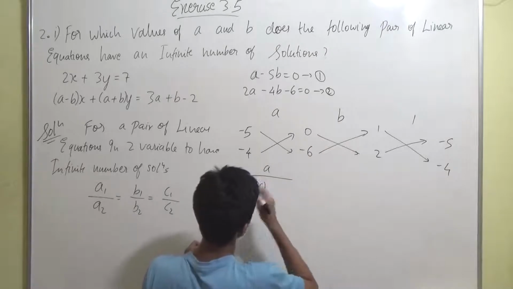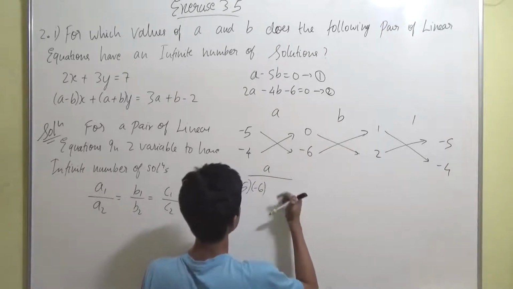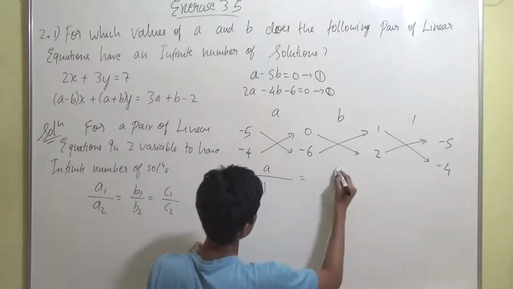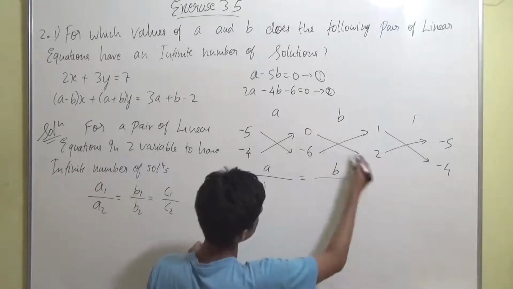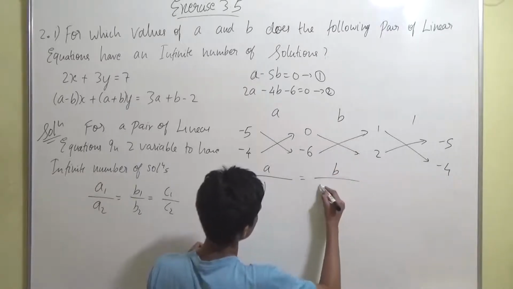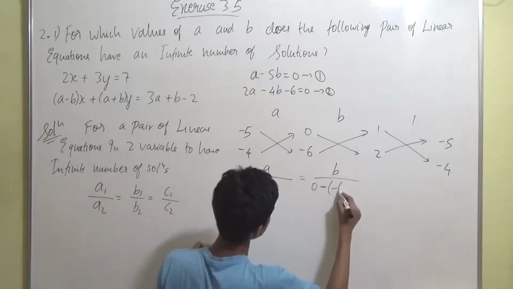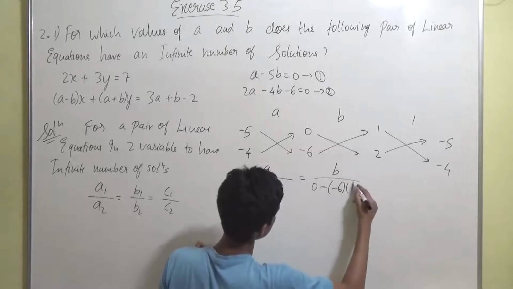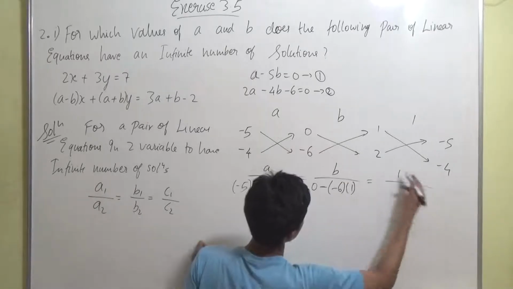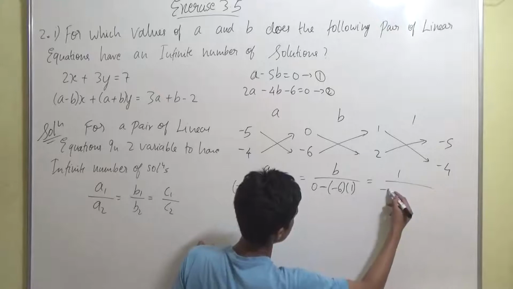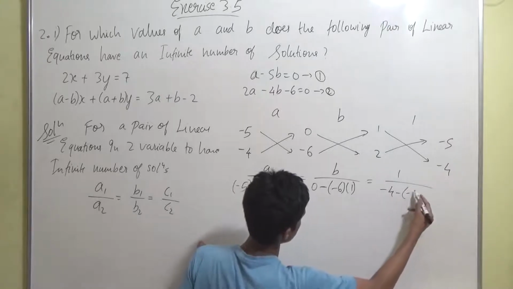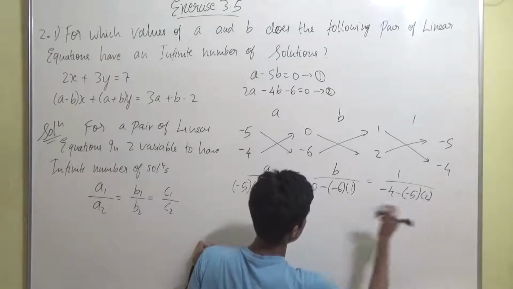There's no need to write this because 0 into anything is going to be 0. And then b by 0 into 2, again 0. There's no need to write. So 0 minus of -6 into 1 equal to 1 by -4 minus of -5 into 2.